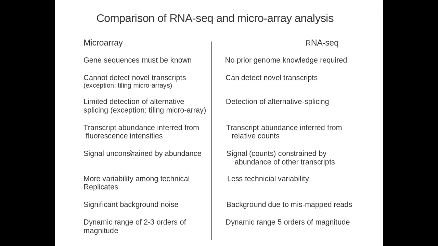One thing that we'll come across is that the signal is unconstrained by the abundance of other mRNAs. That's something that I left out here. Each probe is independent of other probes. That's not true in RNA-seq, where the abundance of one gene may be constrained by the superabundance of another.